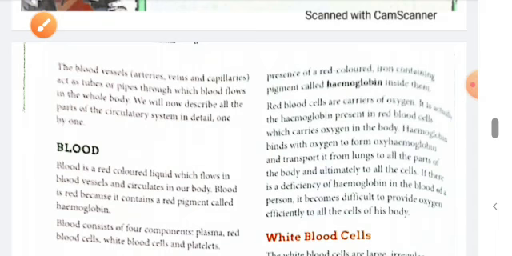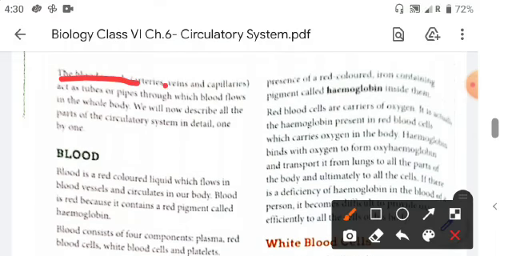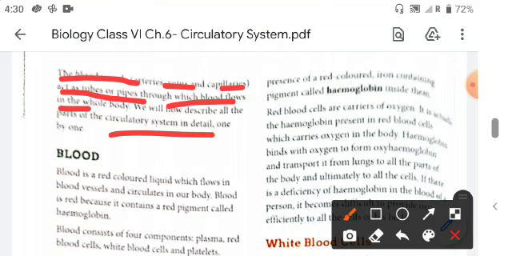Now, what are the blood vessels? They are arteries, veins and capillaries. They act as tubes or pipes through which blood flows in the whole body. We will now describe all the parts of the circulatory system.